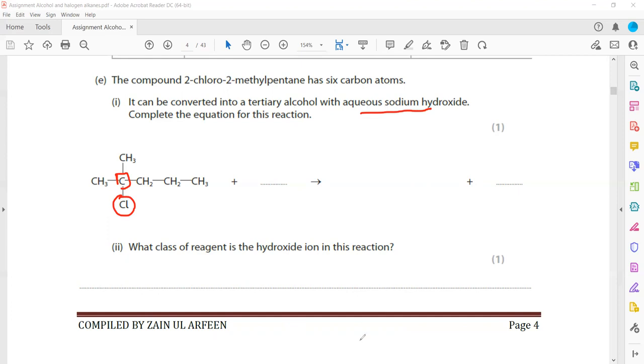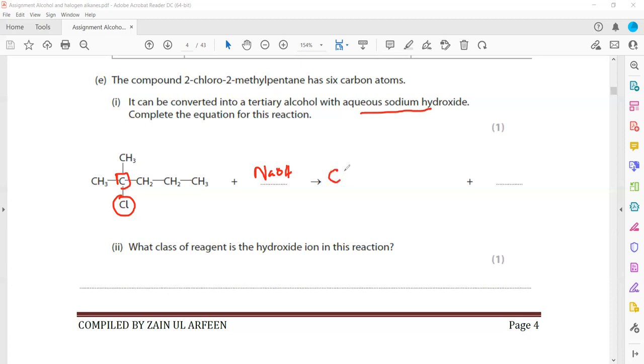So complete the equation. We have to complete what will be the product, because the Cl will be replaced by OH. So we can write NaOH here as a reagent, or even OH- ion is acceptable. But when I write NaOH, this OH will take the position of Cl.